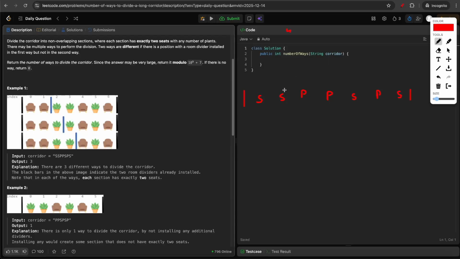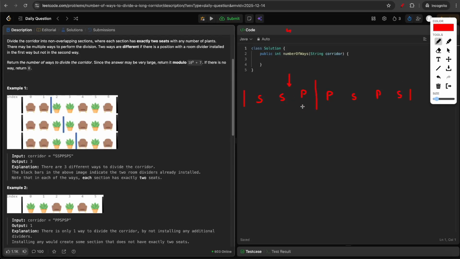That means you have to add one division so that it will make two segments where each segment will have two seats. So the first division can be made here, because when you do it, in the left part there are two seats, and in the right part also there are exactly two seats. So this is one possible division.